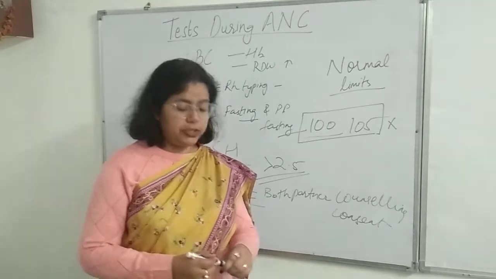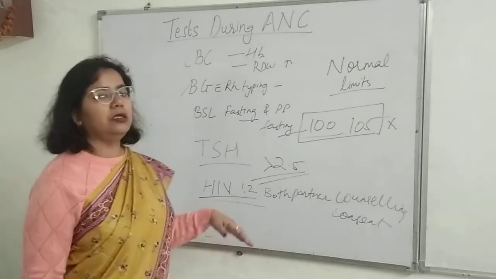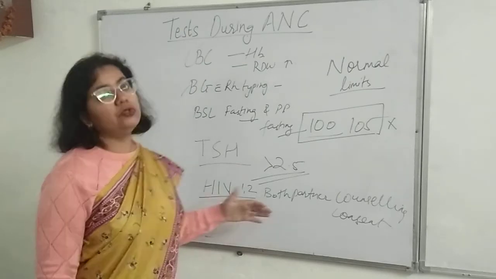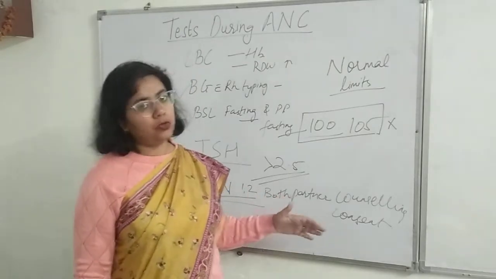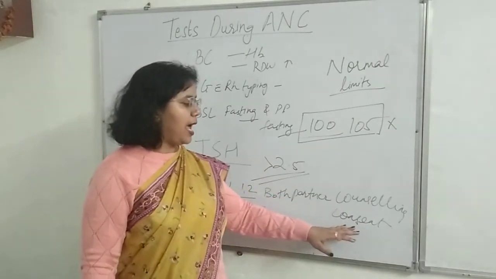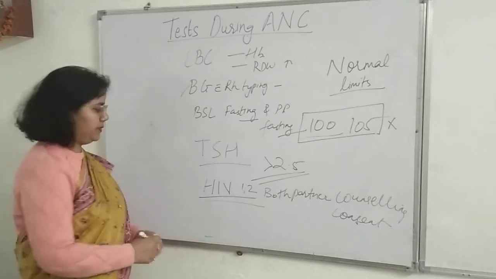If they turn out to be positive, and you have not told them initially what the implications of being positive are, they may sue you. They may go to court. So with proper counseling of partners and taking consent, you will go ahead with the HIV testing.